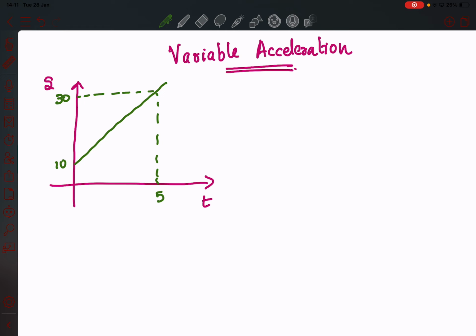How would I work out the velocity from this graph? Velocity on a displacement time graph? Displacement over time, or the gradient of your displacement time graph would give you the value of velocity.